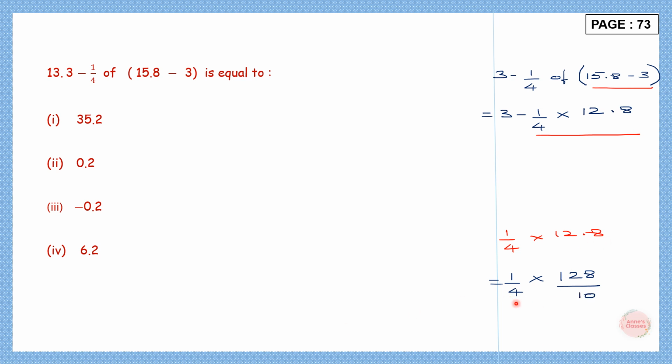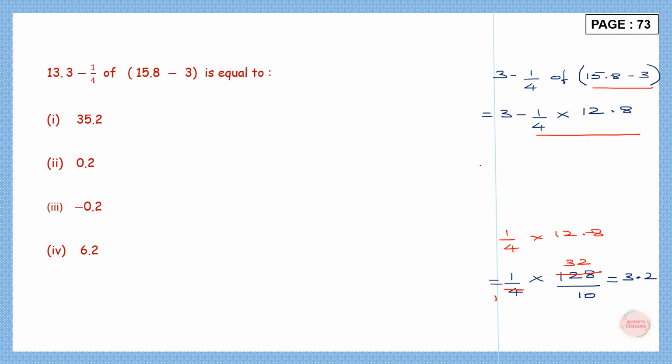Now let me cancel 4 and 128. 4 ones are 4, 4 threes are 12, 4 twos are 8. So what do I have? I have 32 by 10 and I can make it a decimal number 3.2. Now how did I get that? After the point there should be only one digit because in my denominator there is 1 0. So this is 3.2. So we finish working this out.